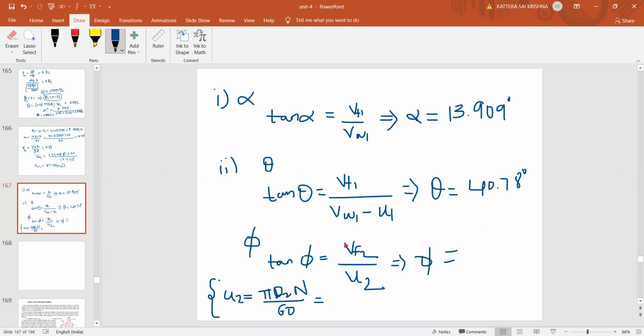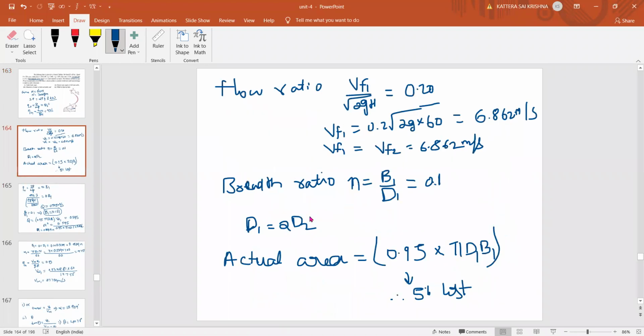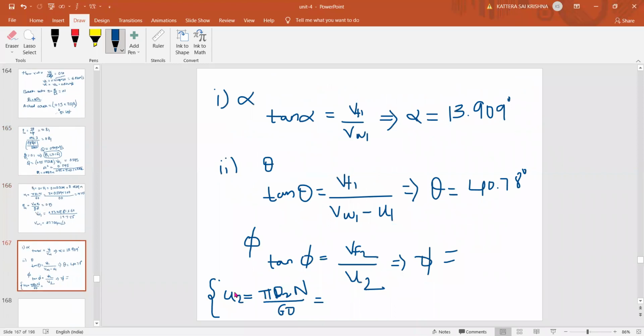But D2 also is not given in the question. He gave one condition, D1 equal to 2 times D2. So D2 equal to D1 by 2. D1 we calculated already, so 0.539 by 2, you will get the D2 value. That D2 you can substitute here, then you can find U2.